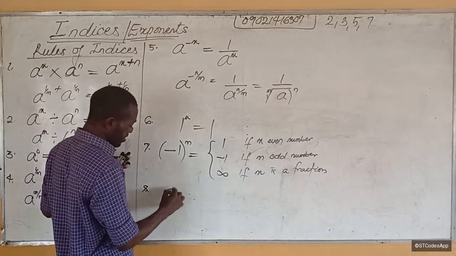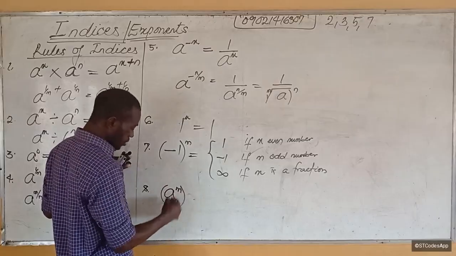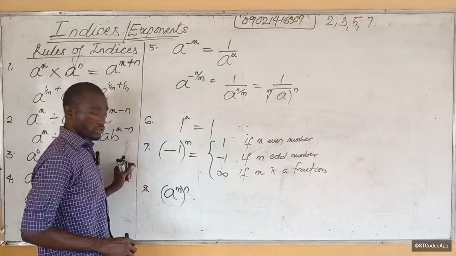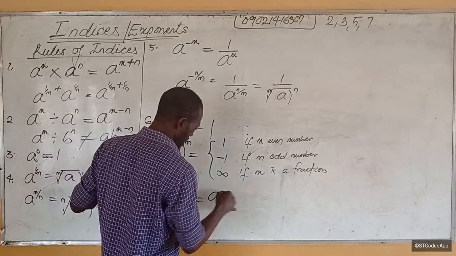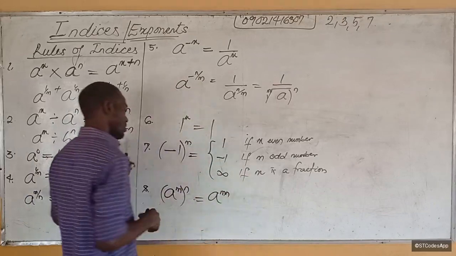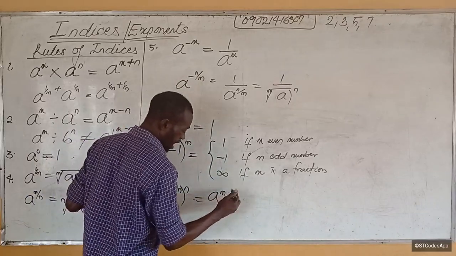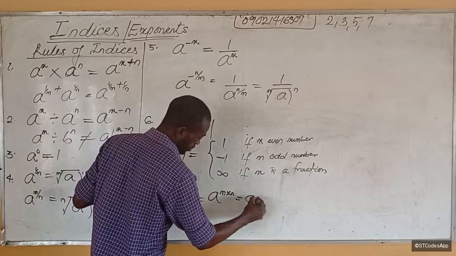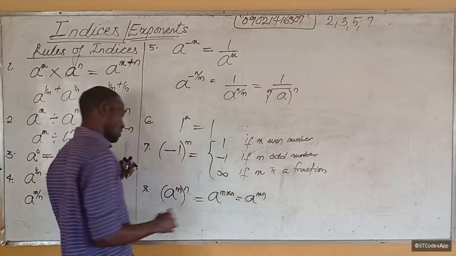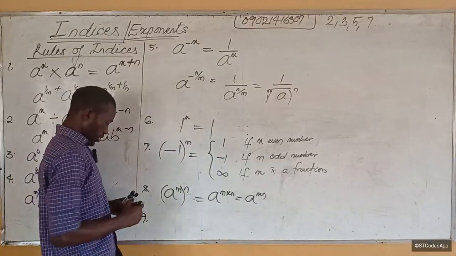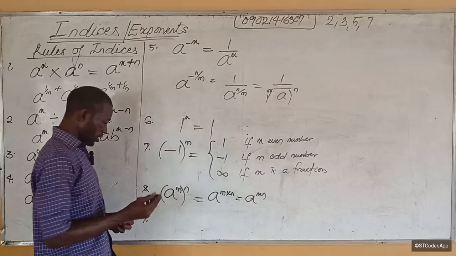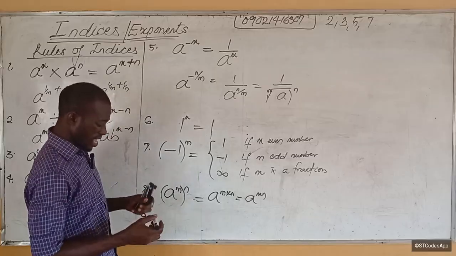So, for example, I have a raised to power m, still raised to power n. Then this becomes a raised to power mn. So m will multiply n, and that becomes a raised to power mn. Is that clear? Good.